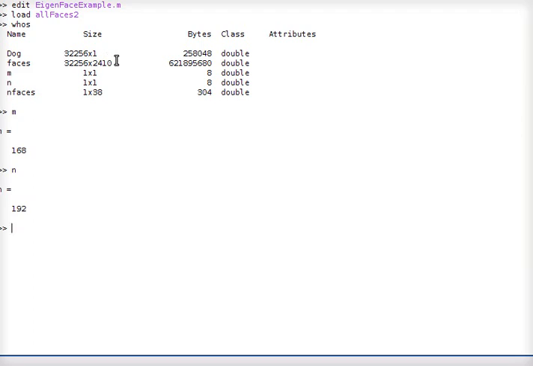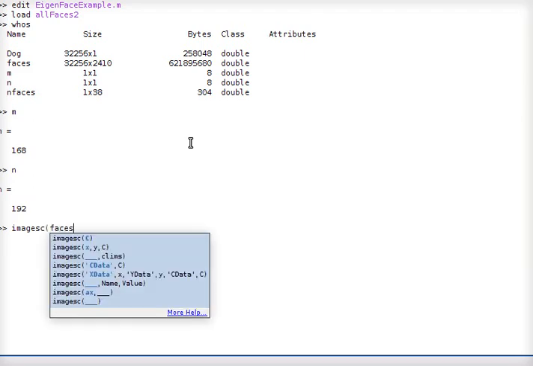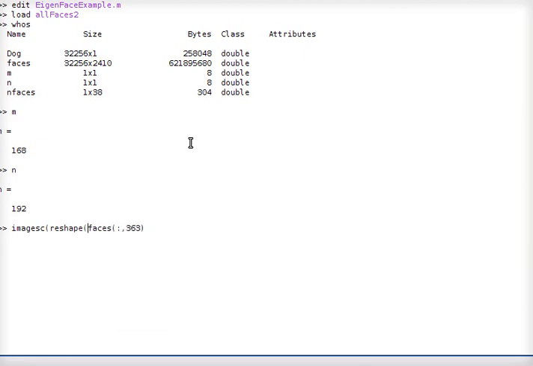Okay, and so maybe we can go ahead and take a look at one. Image scale. Let's see. First, I'll just grab one at random. 363. Oop, I need to reshape that. I should turn off this suggested thing here.